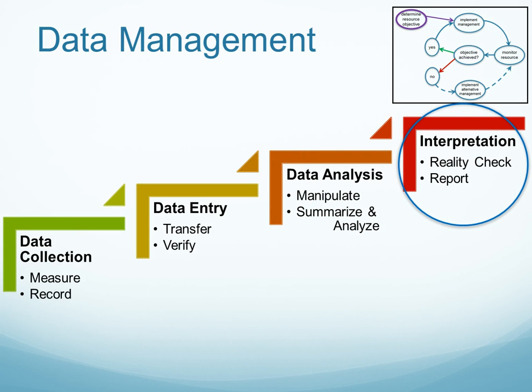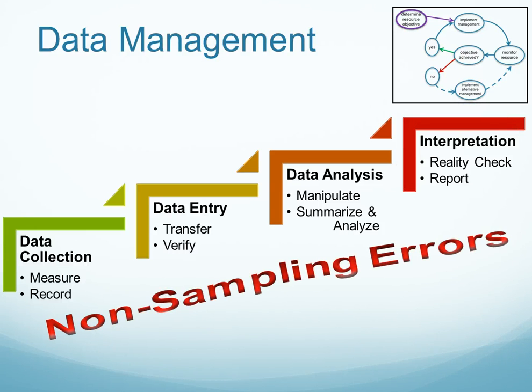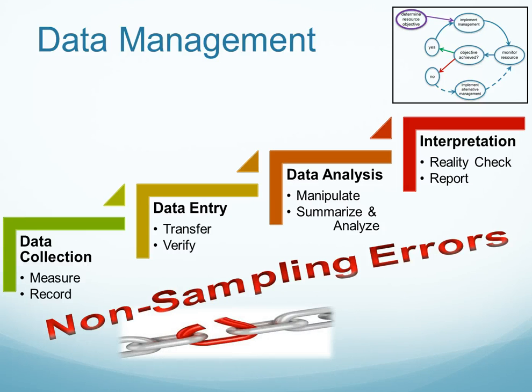And then we take our results and interpret them and report those results. It's always important to do a reality check. Because collecting and working with data has so many steps, there are many places where we can introduce non-sampling error. Essentially, this represents a chain of events, and there's a potential for weak links.